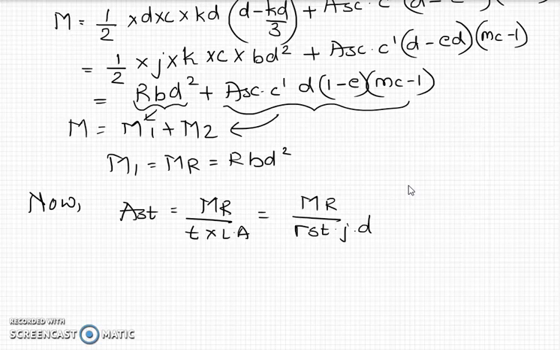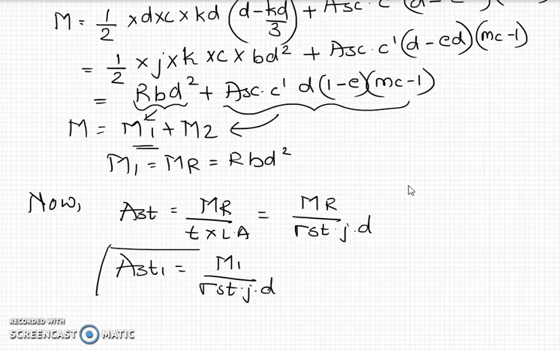So similarly, with respect to M1, which is equal to MR, I can write AST1 is equal to M1 upon sigma ST into J into D. Same concept: for MR it is AST equal to MR upon T into lever arm; for M1, I am writing AST1 equal to M1 upon sigma ST into J into D.